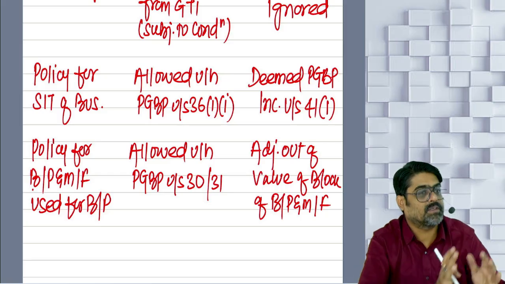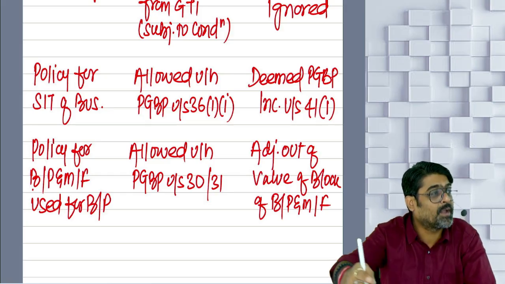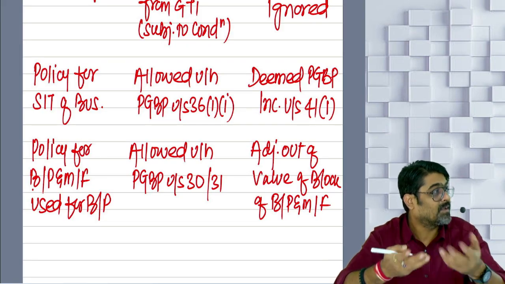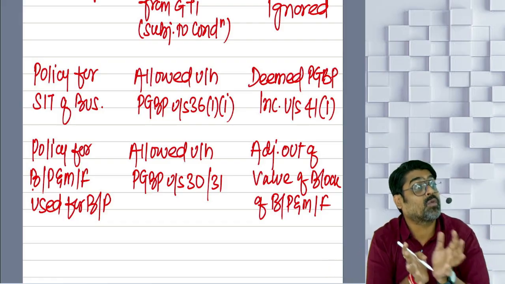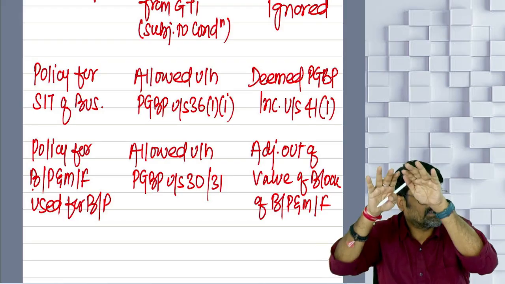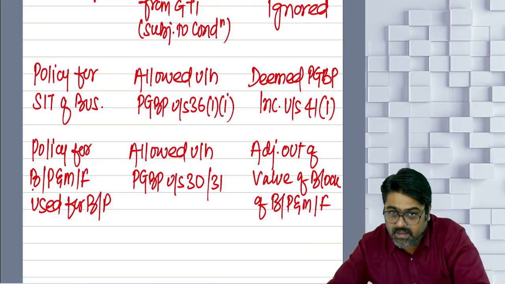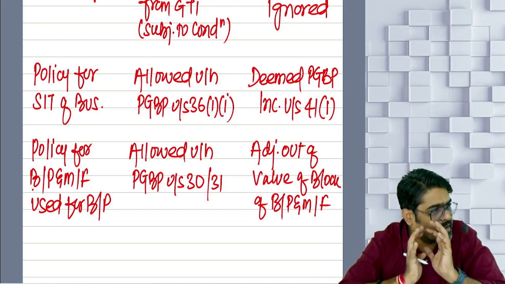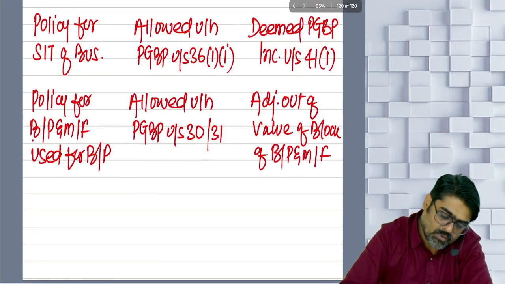Because if the building, plant, machinery, furniture for which you have taken the insurance is damaged or destroyed, meaning it is going out of the block, deletions, and against that the insurance claim is coming. So that insurance money from the insurance company will be adjusted out of the value of the block. To that extent, the deduction for depreciation will not be available. To that extent, the value will be decreased. These all things I have discussed, but consolidating at one place. Understanding?